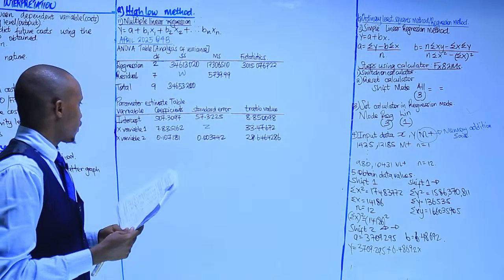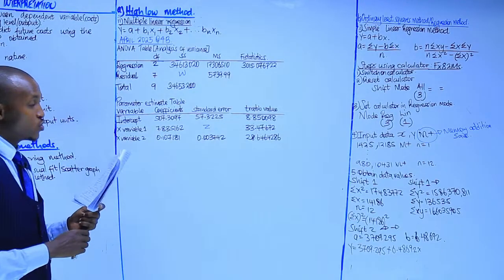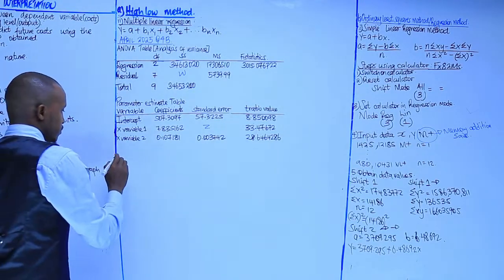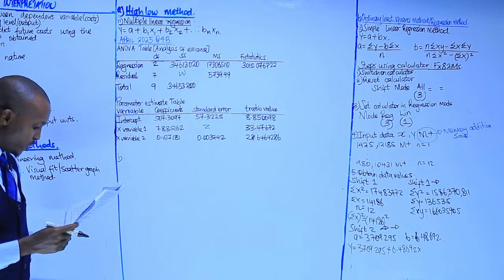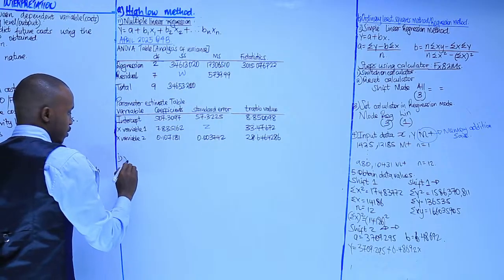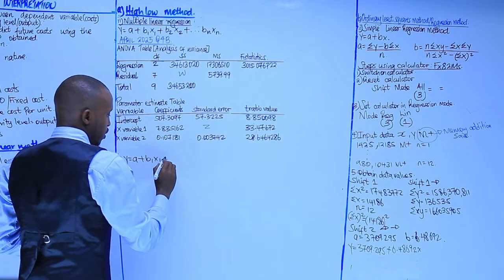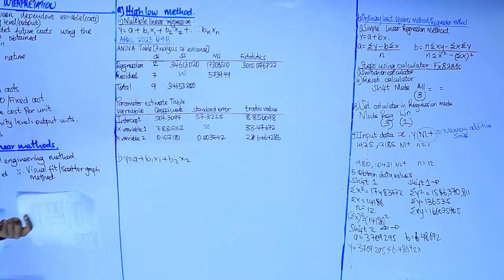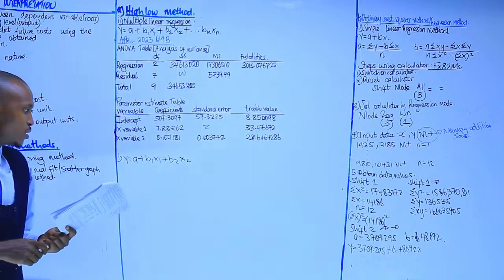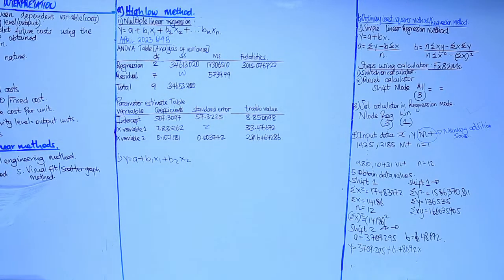Okay. Now, the first part of that question, they're saying write down the multiple linear regression of the form y is equal to a plus b1 x1 plus b2 x2.